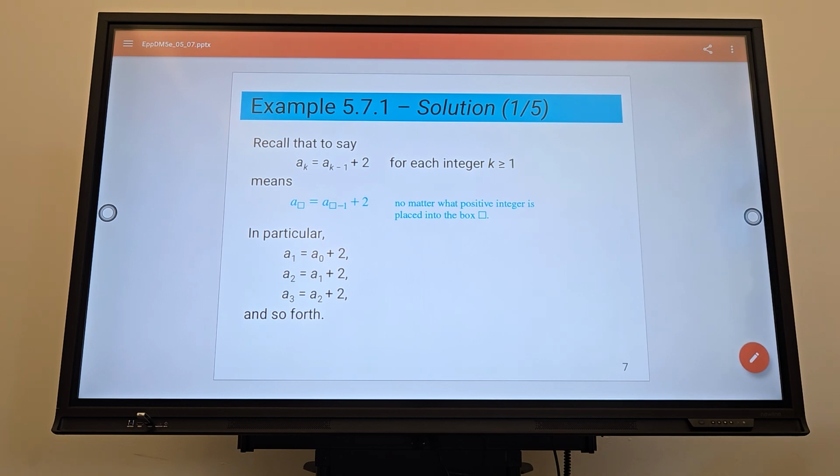In particular, a_1 equals a_0 plus 2, and a_0 is 1, so that would be a total of 3. a_2 is a_1 plus 2, which is the 3 that we just calculated, plus 2, would be 5, and so on and so forth.